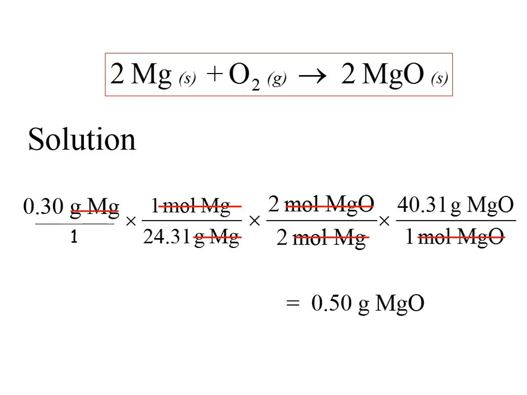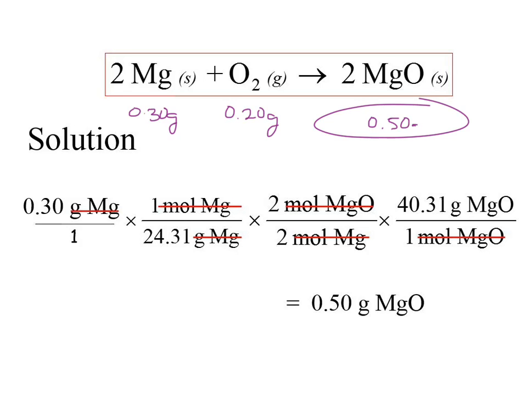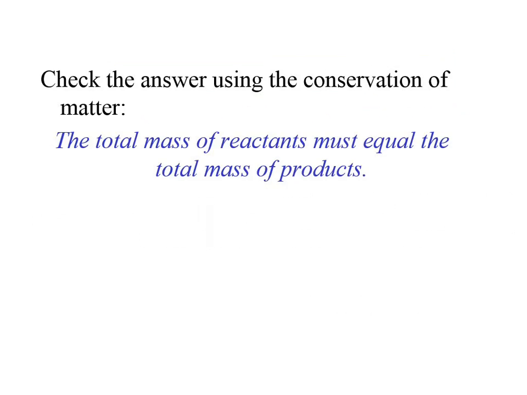Some of you are already thinking, well, by golly, when you knew this is 0.30 grams, and in the first problem we came up with 0.20 grams of oxygen, you automatically knew that according to the conservation of mass and conservation of matter, that should be 0.50 grams. And you're right. But it never hurts to check.